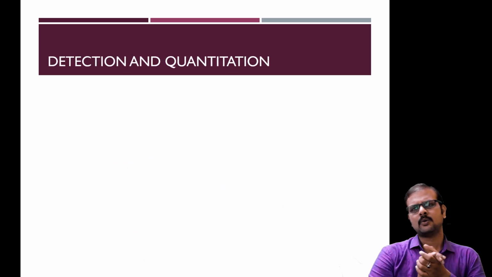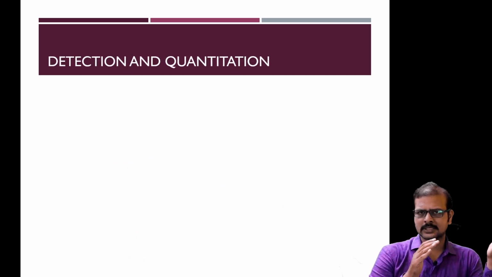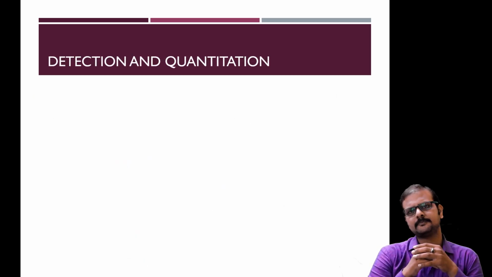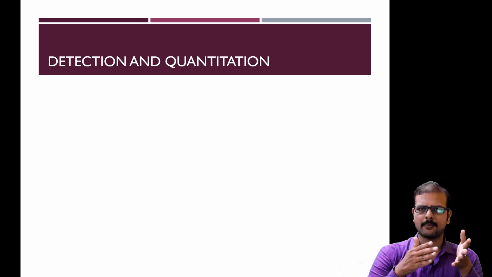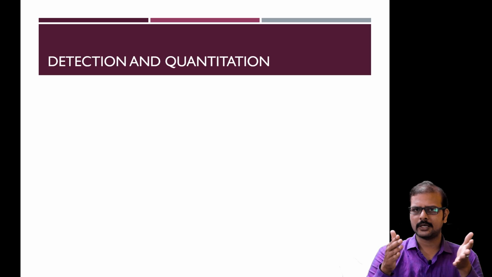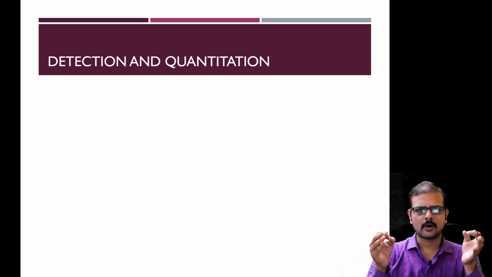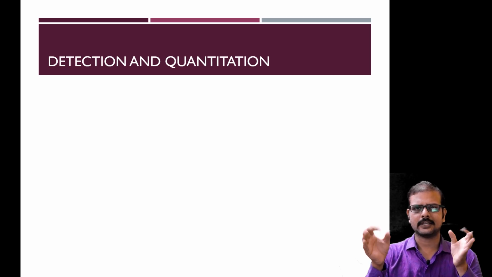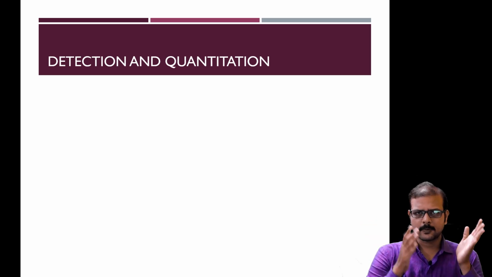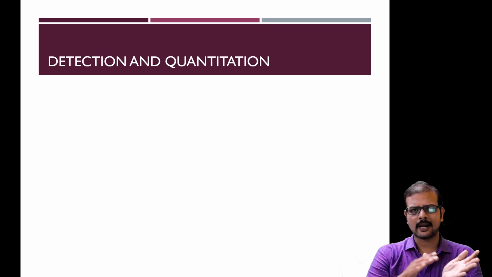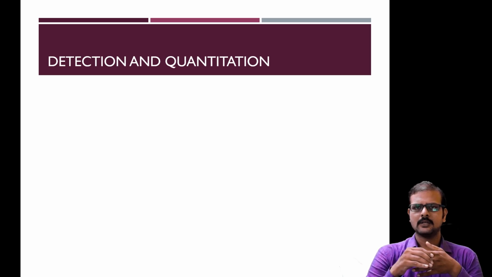So what happens now? We have passed our sample from the sample inlet. Then the sample is passed to the ionization chamber, where it got ionized, and then it was converted into the molecular ion which is positively charged. Remember that only the positively charged species are going to be detected in the detector. So these positively charged species are then analyzed in the mass analyzer.